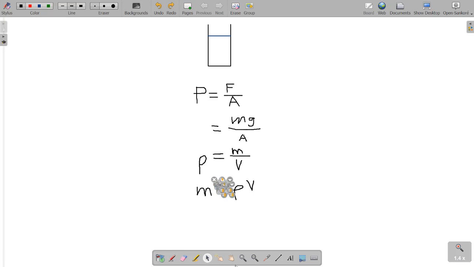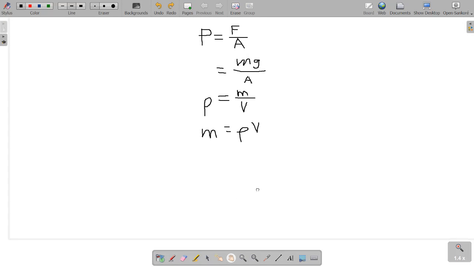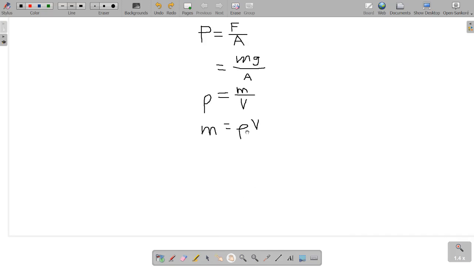So we continue deriving. You have pressure P equals rho V over A. Here you must note, what is V over A?